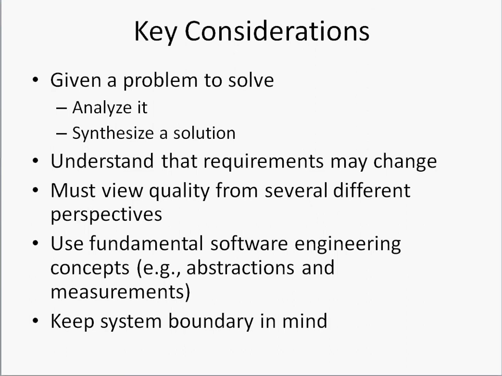And finally, please always remember to keep your system boundary in mind. If you have clear specifications of what your inputs, your processing, and your outputs are, those simple ideas will go a long way toward helping you produce a great software engineering solution.